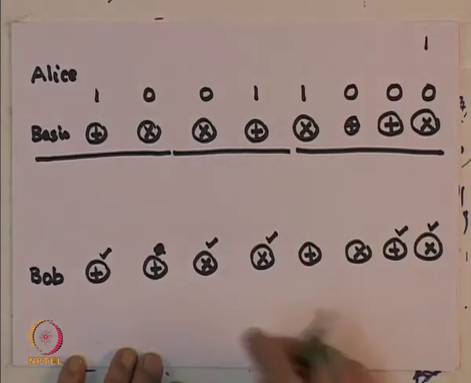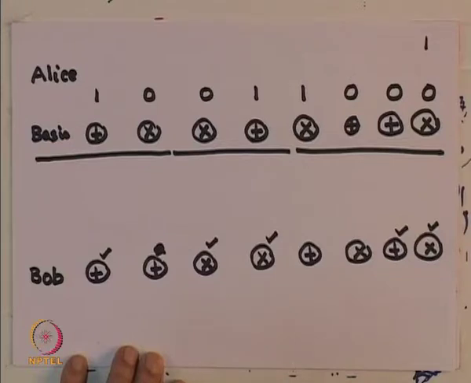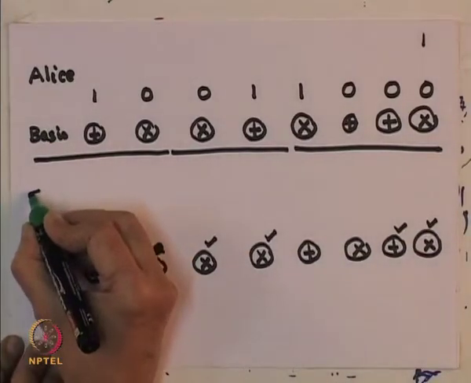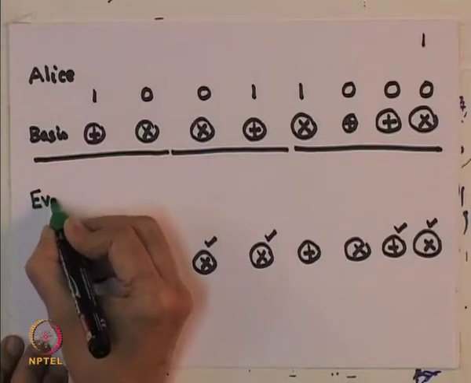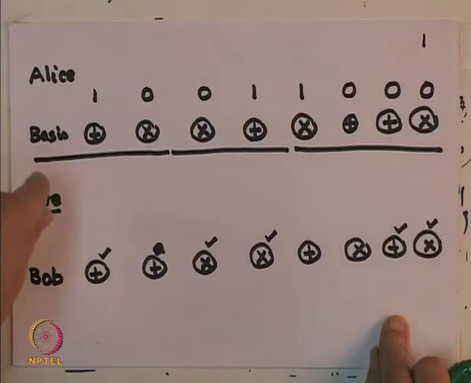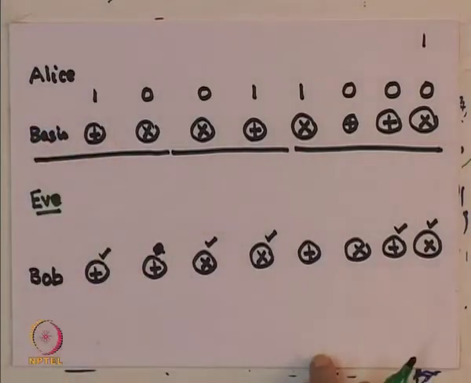Now let us see what happens if there is an intruder in the channel. I have now put in the presence of Eve, which I will put in between, because she will have to interrupt the process of sending briefly and then measure it herself. Not knowing what basis was used by either Alice or Bob, Eve also decides to do a random job.